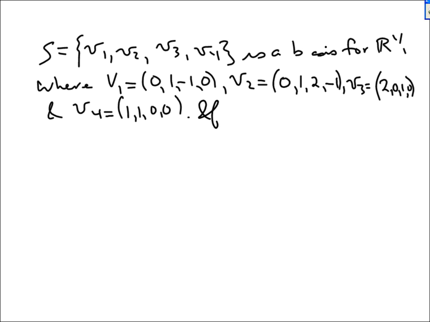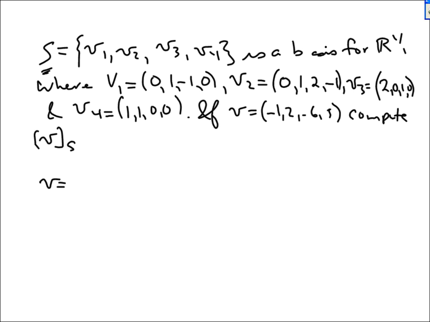Now, let me give you a little v in R4. If little v is negative 1, 2, negative 6, 5, the instructions are to compute little v in brackets sub the basis S. Compute that. So the first thing we need to do is to write V as a linear combination of the vectors in the vector space.